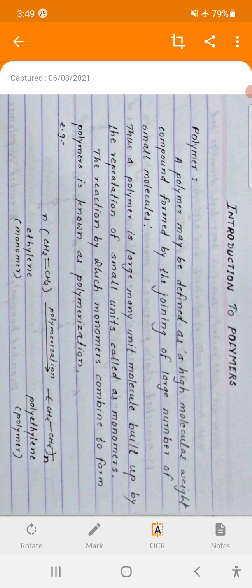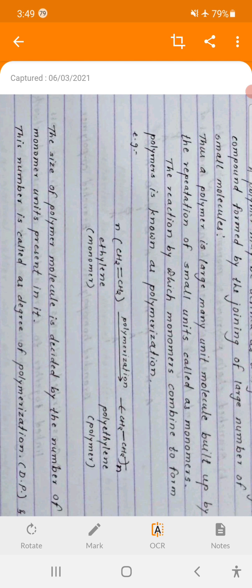Similar to a chain, that chain is made up from small units, repetition of those small units. Here the molecule is also made up from repetition of a small unit, that is a small molecule, which is known as monomer. And the total chain-like molecule is known as polymer.